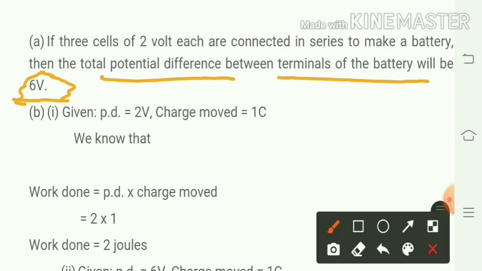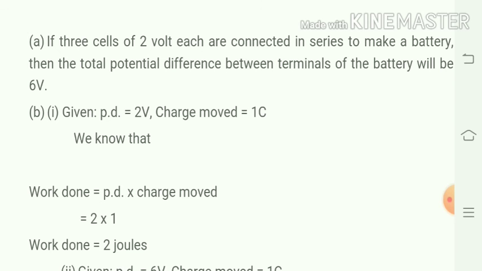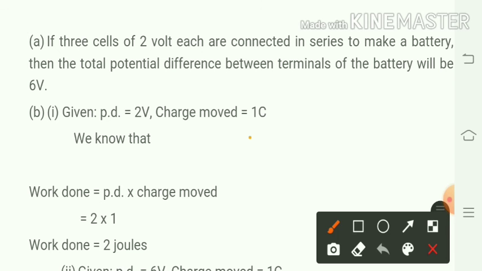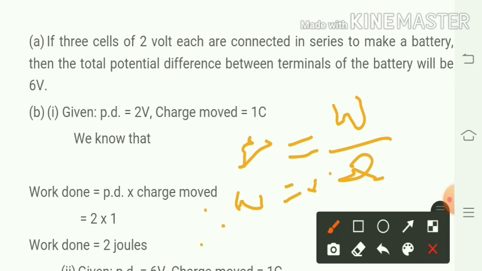Potential difference at every source is 2 volt. Charge moved is 1 coulomb. We know that work done, that is PD into charge, as volt is equal to work done upon Q, therefore W is equal to VQ.